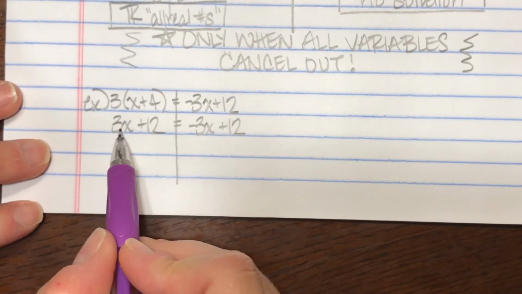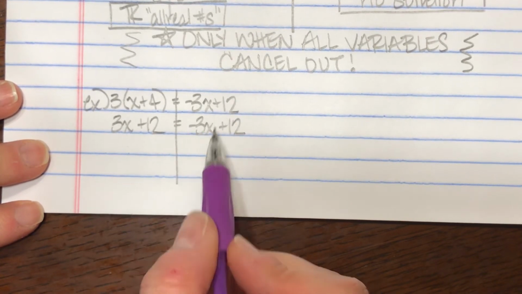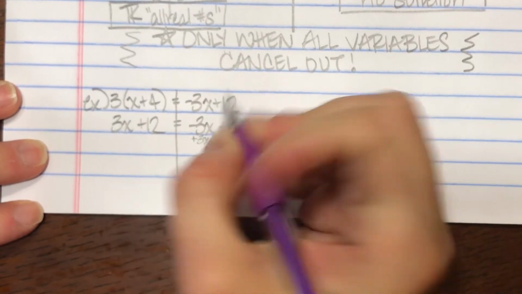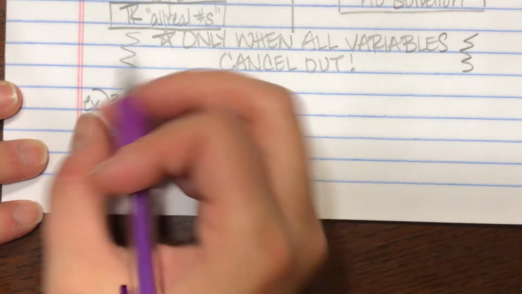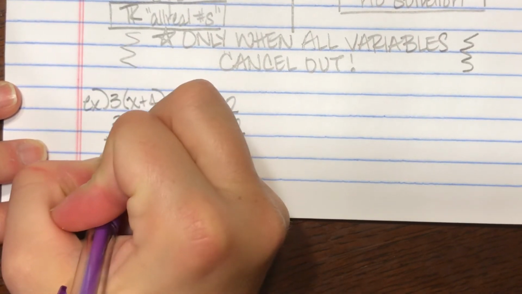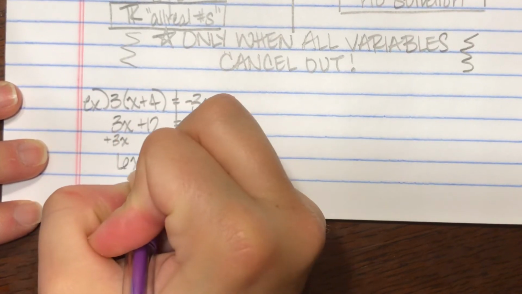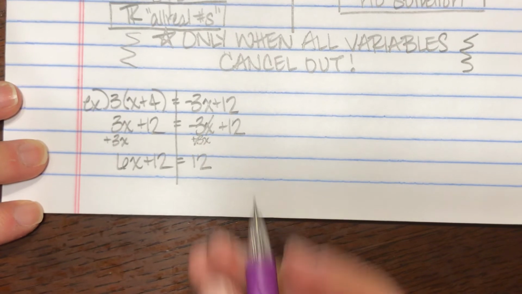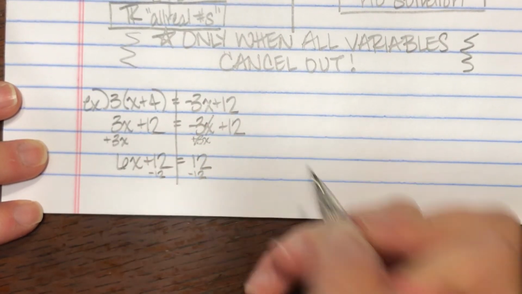If I'm going to move my variables together, I'm always going to move the smaller one. So if I move negative 3x, I'm going to add 3x so that it cancels out. If I add 3x on the right, I add 3x on the left. You end up with 6x plus 12 equals 12. We subtract the 12 to finish out my steps.